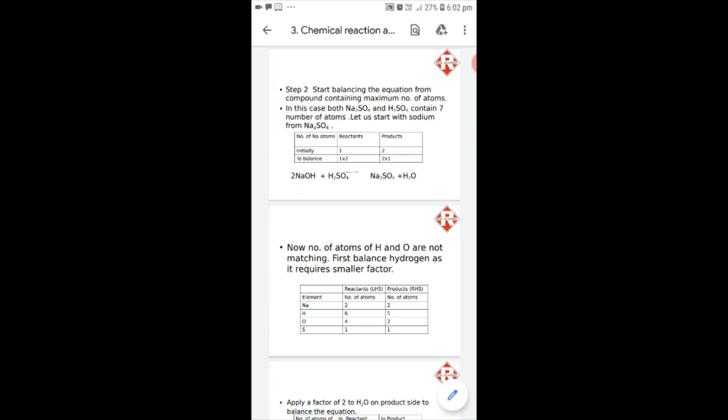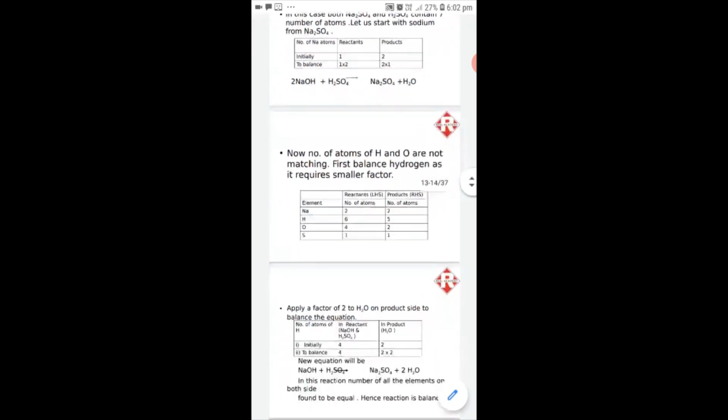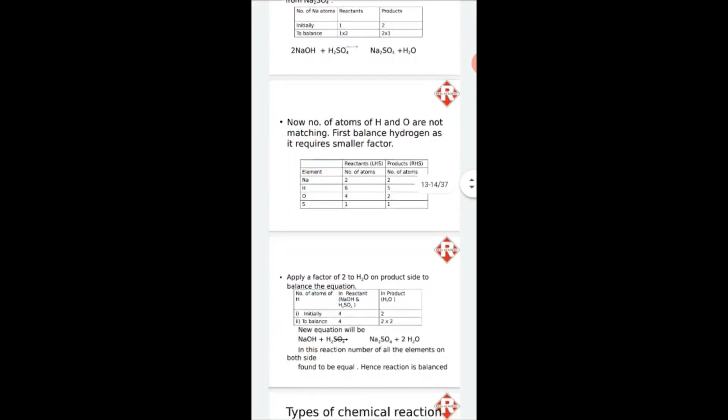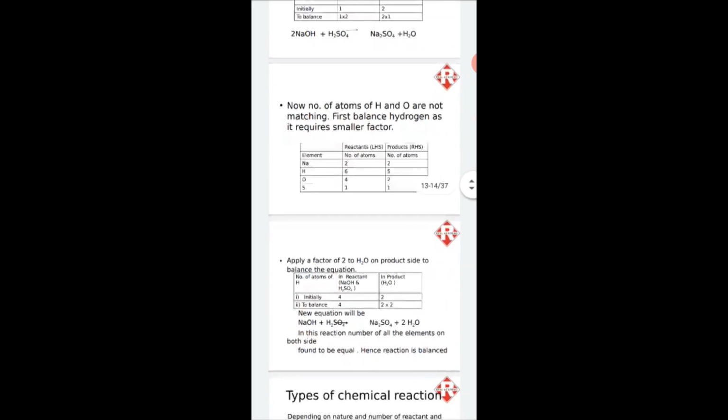Now we go to the next step, balancing hydrogen and oxygen. Now the number of atoms of H and O are not matching. First balance the hydrogen as it requires a smaller factor. Once again we make the table containing 3 columns: elements, reactant LHS, product RHS, number of atoms.